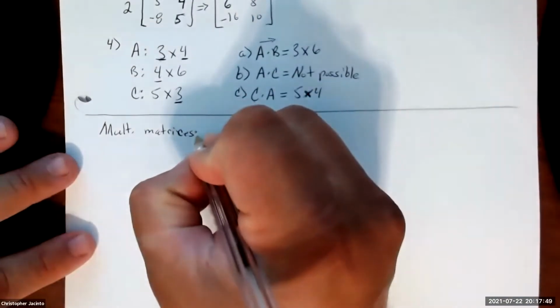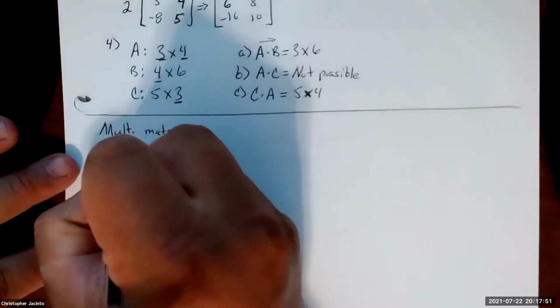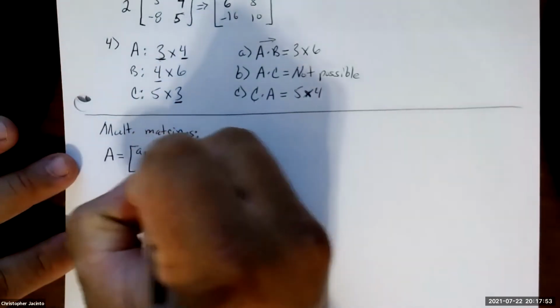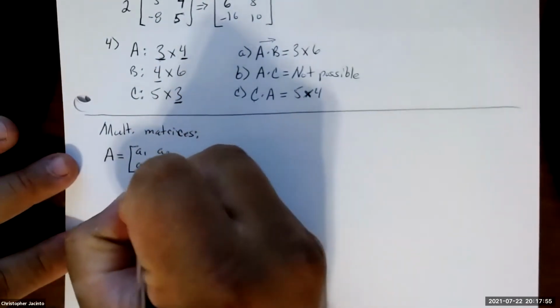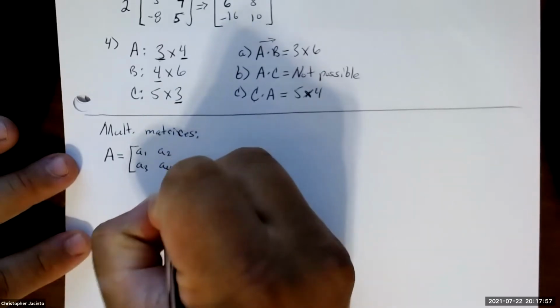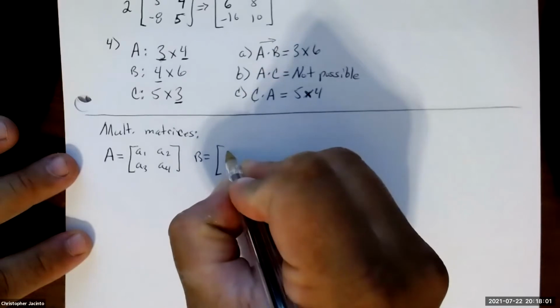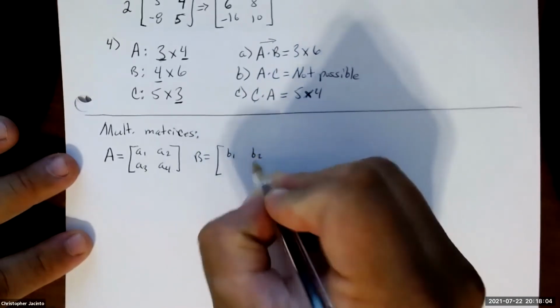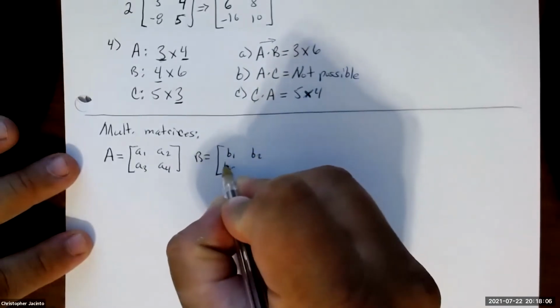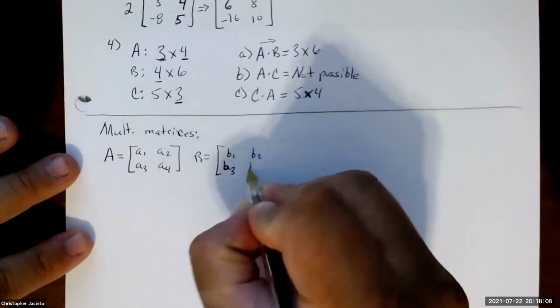So I'm going to do a generic one. Let matrix A be the values A1, A2, A3, and A4. And matrix B be B1, B2, B3, and B4.